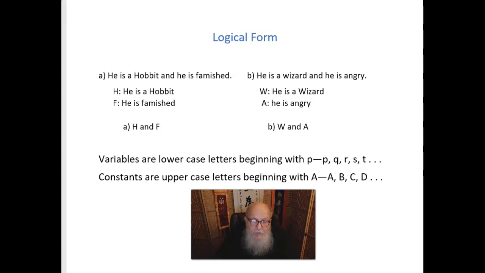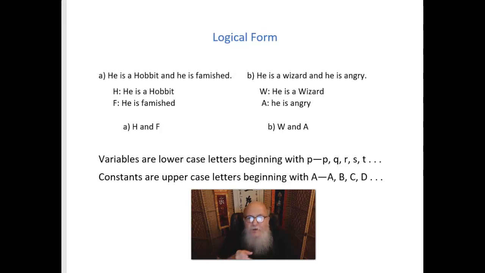Now let's think about the form of propositions and arguments. Okay? First, consider two compound propositions expressed in English sentences. He is a hobbit and he is famished. And he is a wizard and he is angry. Now we can use capital letters, which we call constants, to stand for the component propositions in these compounds, and then create a dictionary for our symbolization.